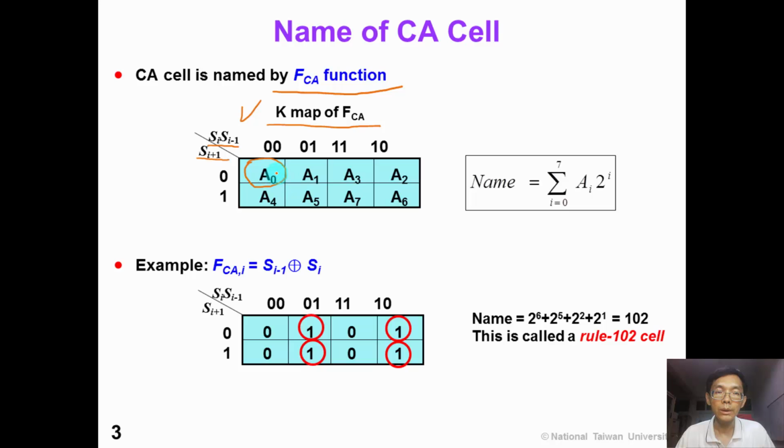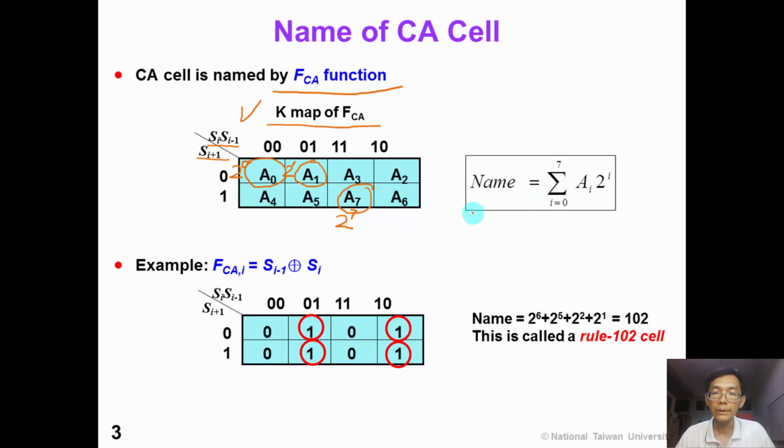For example, the A0 cell is weighted by 2 to the power of 0. A1 cell is weighted by 2 to the power of 1. And the A7 cell is weighted by 2 to the power of 7.